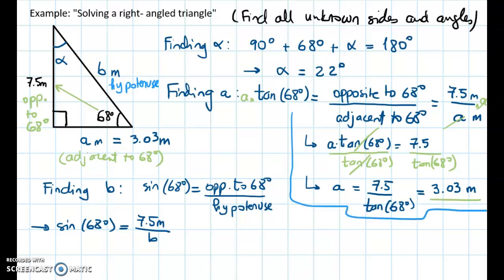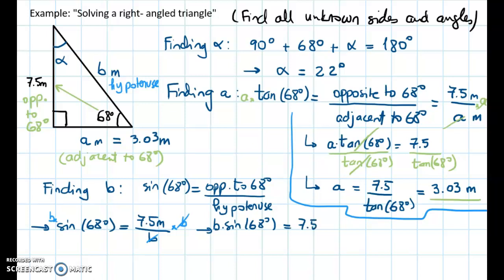We have a situation very similar to the previous one. We have B in the denominator. We want to find B, so we want to isolate B, and we want to have B alone and everything else on the other side. So I'm going to multiply both sides of my equation by B, so it cancels on the right-hand side. So B times the sine of 68 degrees is equal to 7.5.